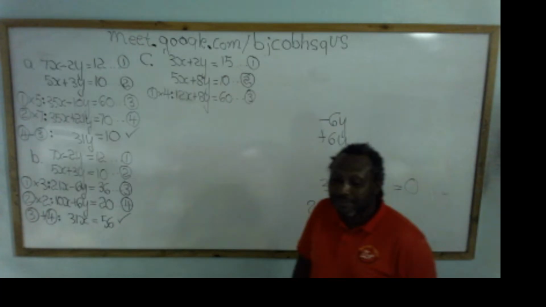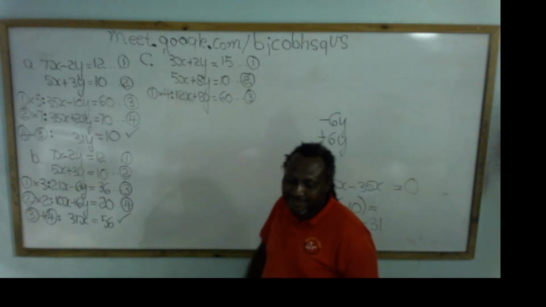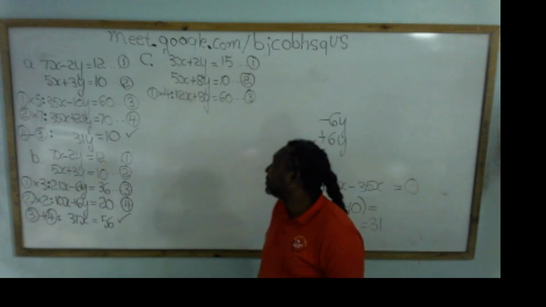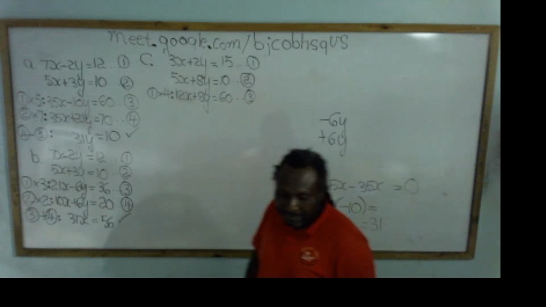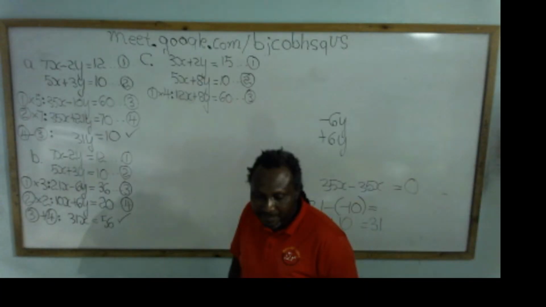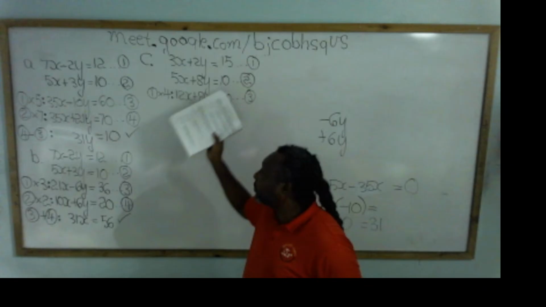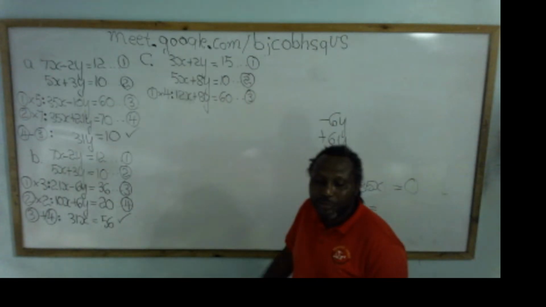Why is it that it will not work? Is it that we have to multiply by numbers that we have up there? Or that we have to multiply the maximum number of times?